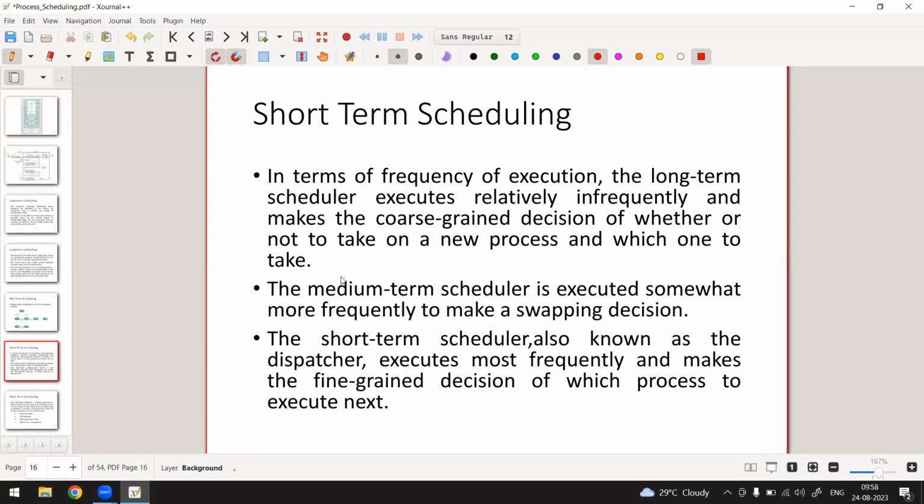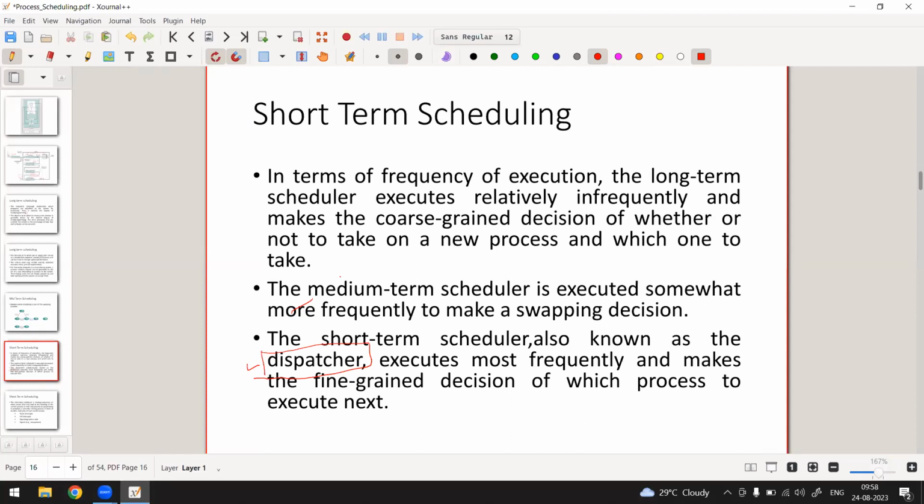That's why it is also executed most frequently. It is also called the dispatcher. The dispatcher program means the short-term scheduler algorithm will determine which process is actually executing on the processor, and this scheduler executes most frequently.